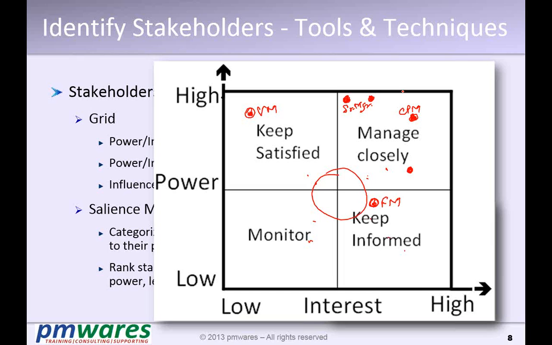Normal team members who are not so critical, keep them informed. Their interest is there because their future depends upon it. Right? With this, you know what kind of stakeholder this is and what kind of strategy is going to work.